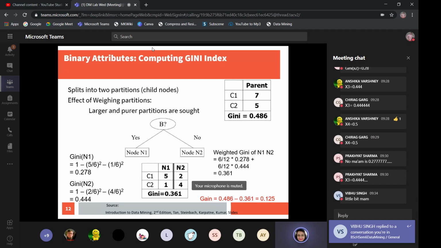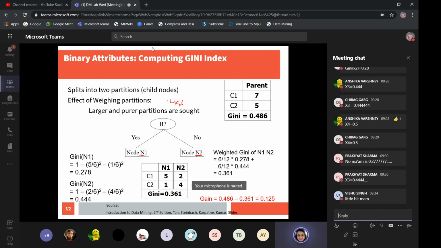So at the parent node, you had a Gini index of 0.486. Now you want to split. So one branch is yielding you n1 number of records and the other is yielding n2 number of records.